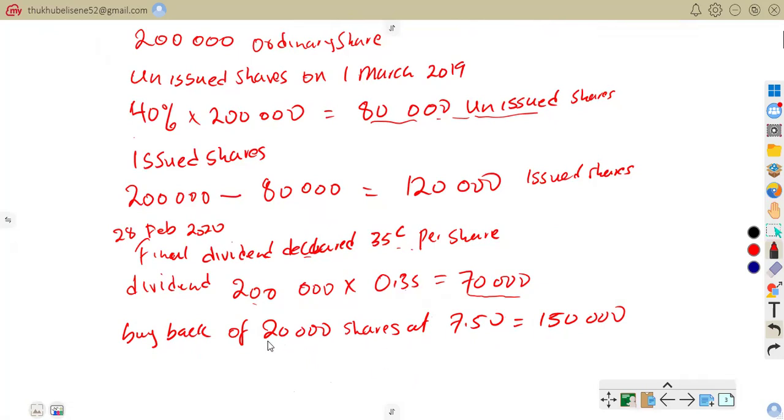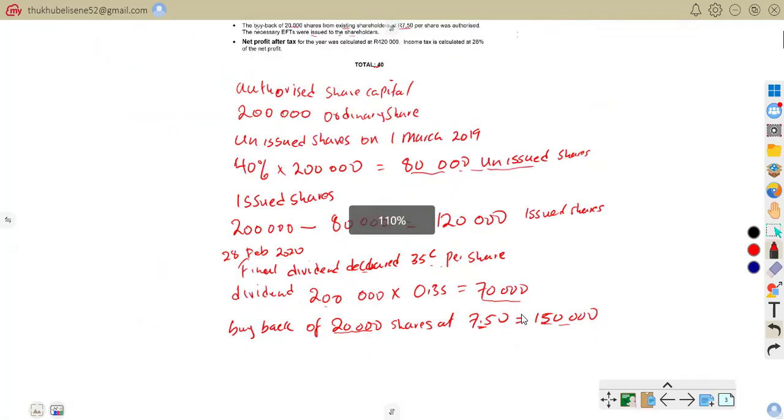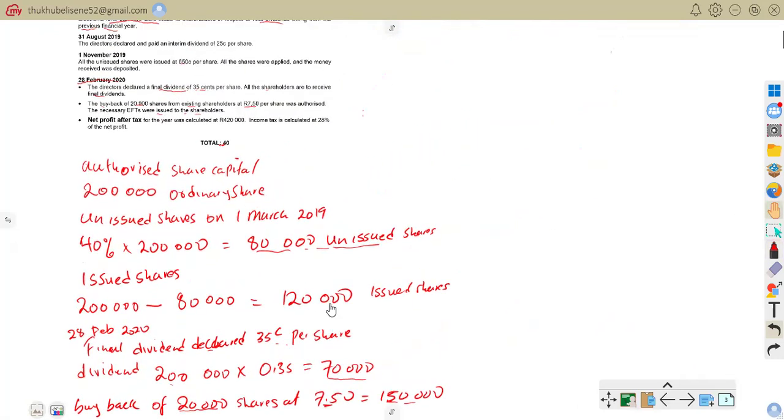We bought these 20,000 shares at 7.50 Rand per share, so the amount is going to be 150,000. So for us to buy those shares, we paid 150,000. Now we take it to our accounting equation so that we know the effect of that transaction.